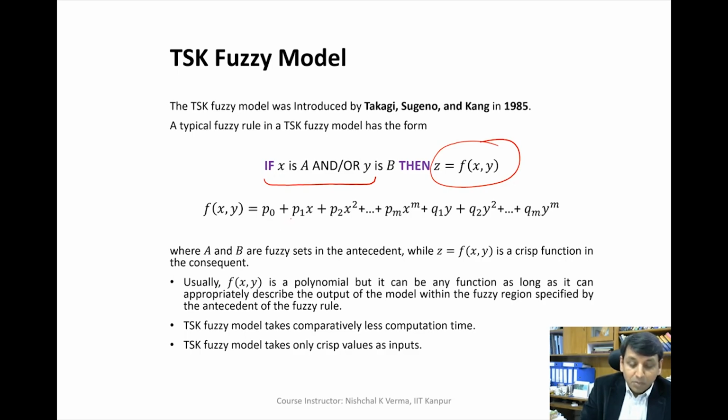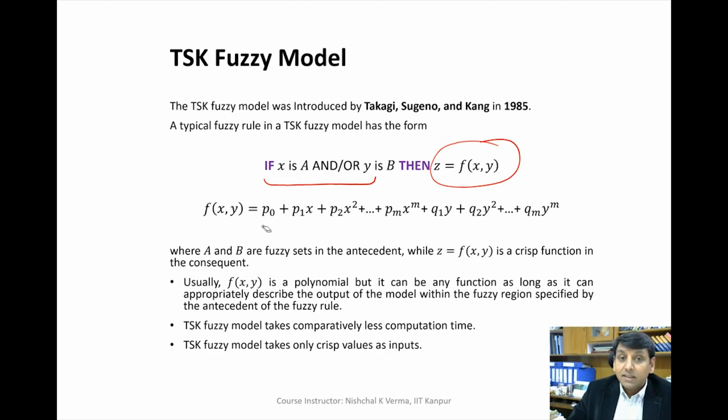p0, which is a constant, plus p1 x plus p2 x squared plus dot dot plus pm x raised to the power m, plus q1 y plus q2 y squared plus dot dot plus qm y to the power m. So in this polynomial we have a constant, which is p0, and then we have first degree terms of x and y like p1x, q1y.